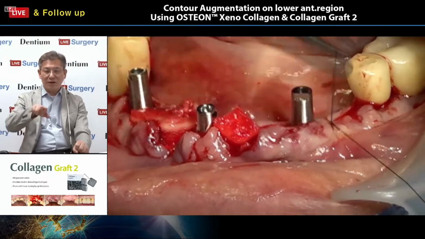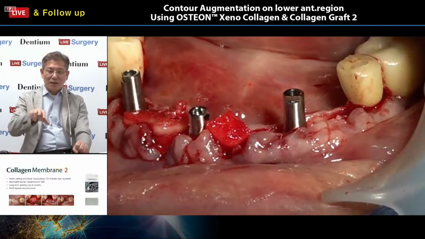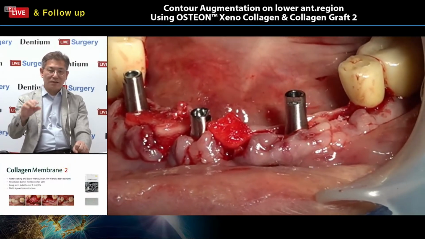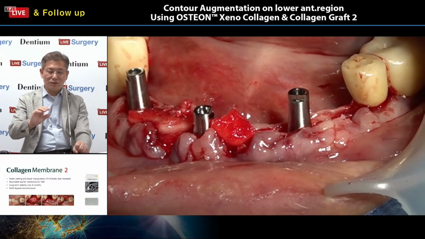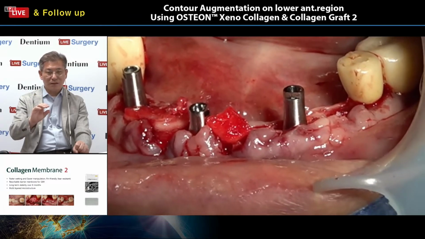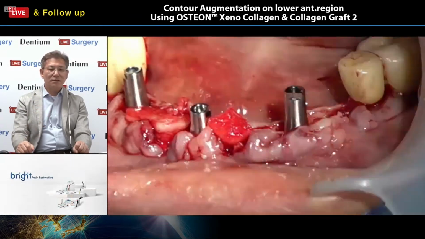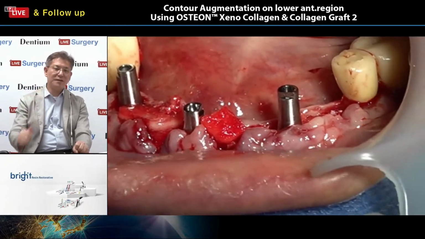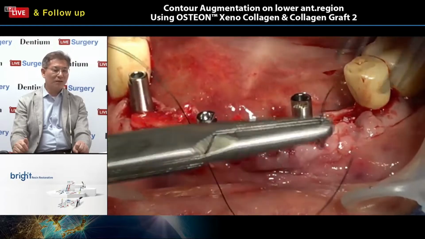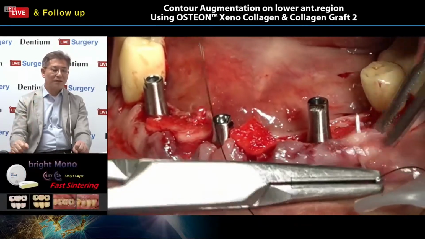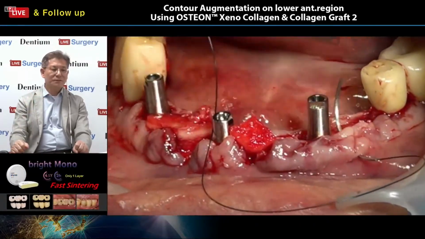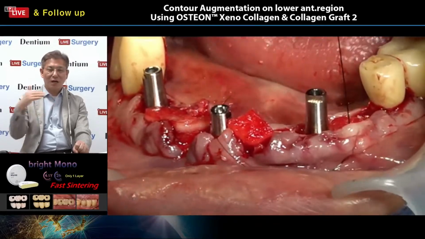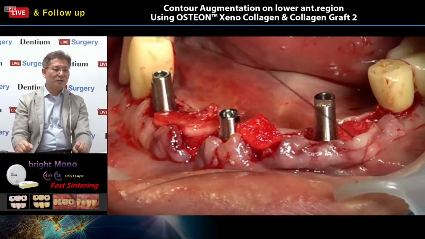The collagen graft has a slightly different layer, the dense and the slightly loose. So the dense layer should be facing the outer part, right?